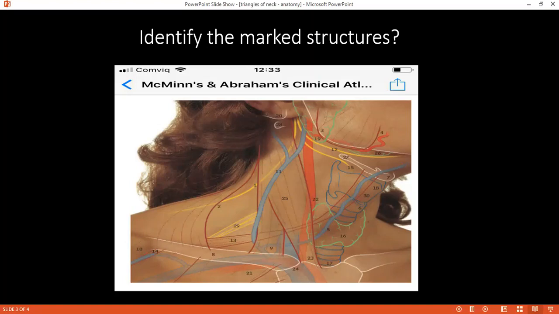Okay, can you tell me the vertebral level of the thyroid cartilage? Thyroid cartilage lies opposite the C4 vertebra. Okay, can you please also tell me what is the function of recurrent laryngeal nerve? Recurrent laryngeal nerve supplies the muscles of the larynx except for the cricothyroid muscle, which is supplied by the superior laryngeal nerve.